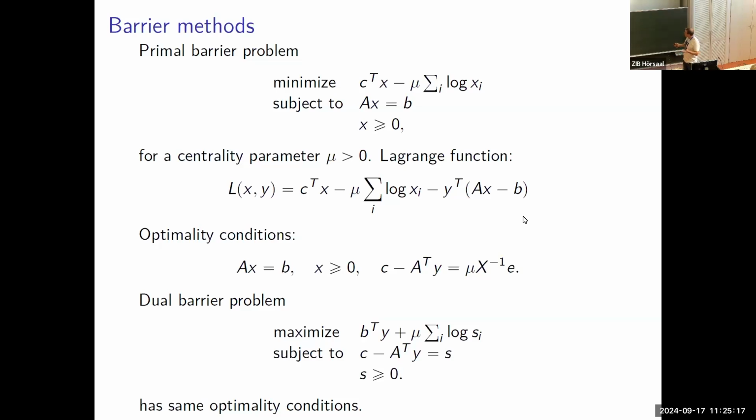We could also write a dual barrier problem, then we augment the dual problem by a sum of logarithms, and we could derive optimality conditions. And it turns out they're the same optimality conditions, exactly the same. So the primal and the dual problems have the same optimality conditions for the same value of mu.